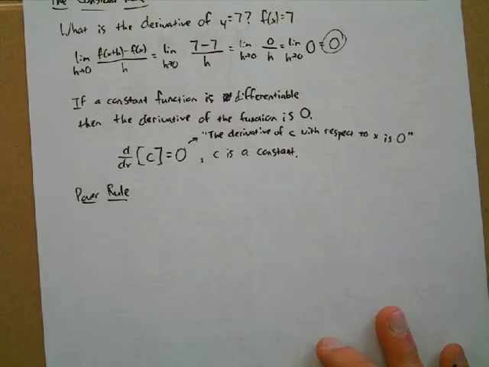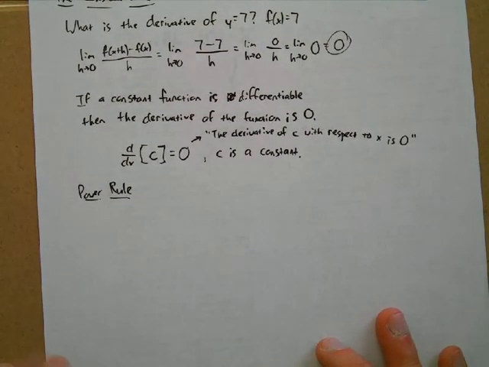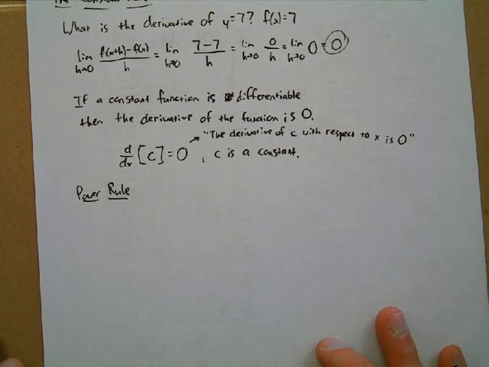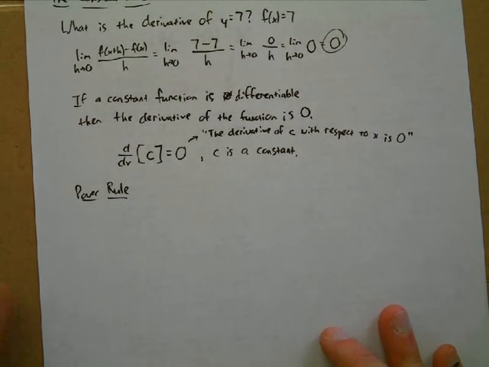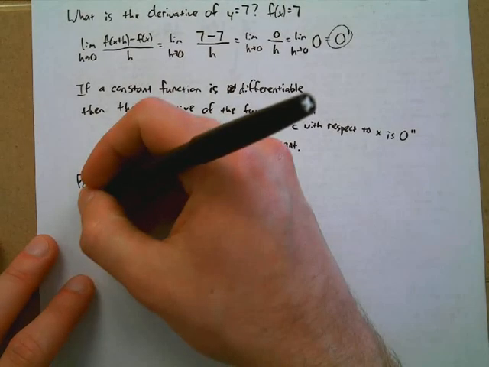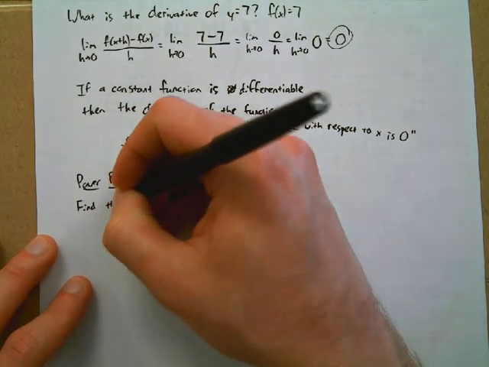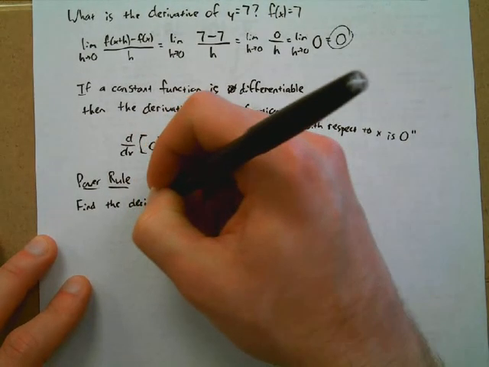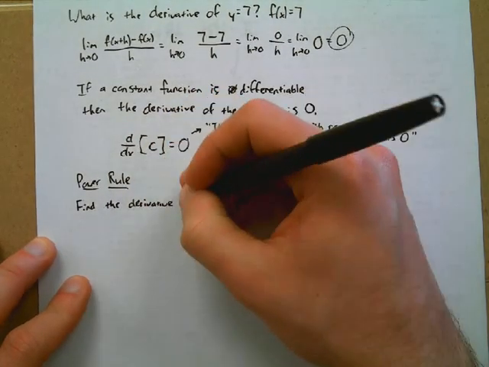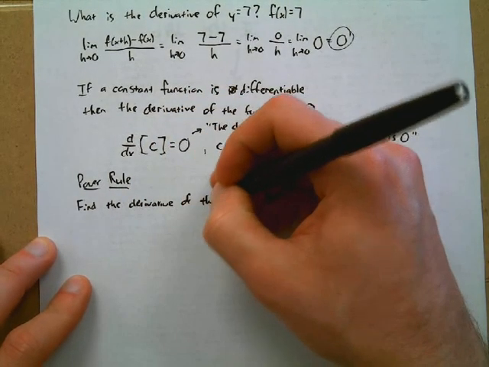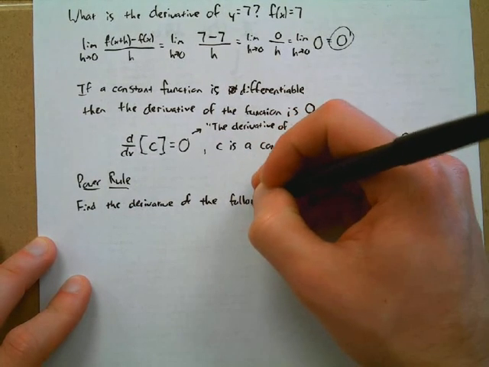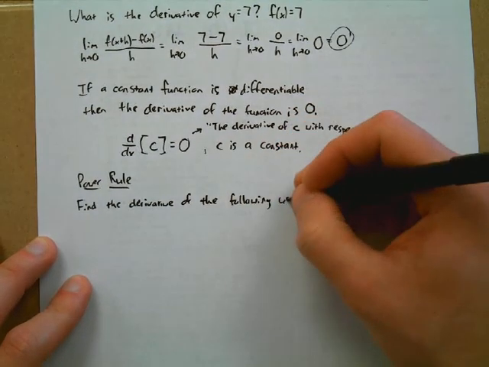So let's find the derivative of the following using the limit definition. That's that limit as h approaches 0 of f of x plus h minus f of x all over h.